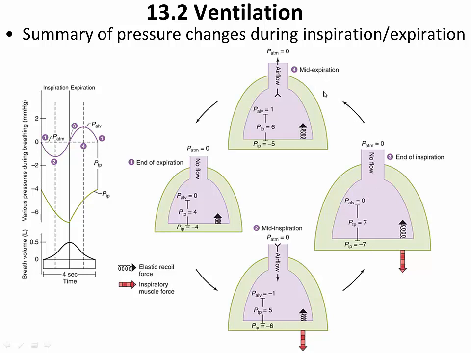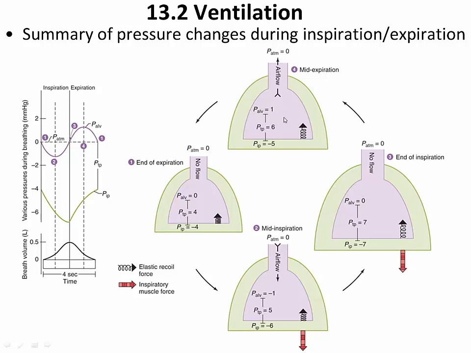Then we start to exhale. The thoracic cavity rather, is starting to decrease in size. And what we see is that the intrapleural pressure is decreased a little bit as a result of this compression of the overall thoracic cavity. And this has created an increase in the alveolar pressure. It's 1 now, +1.